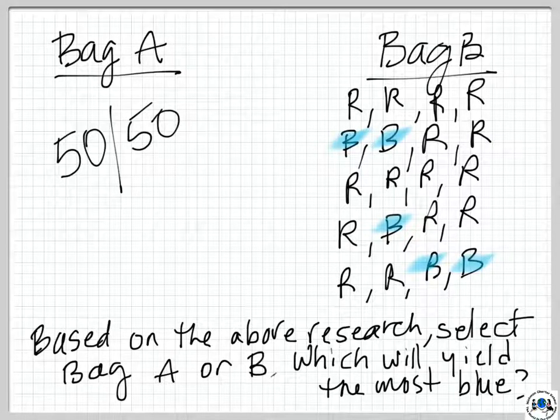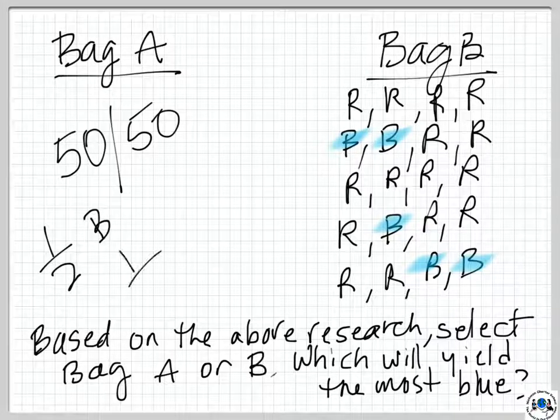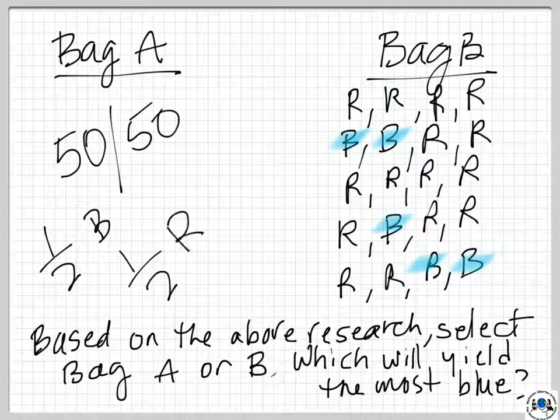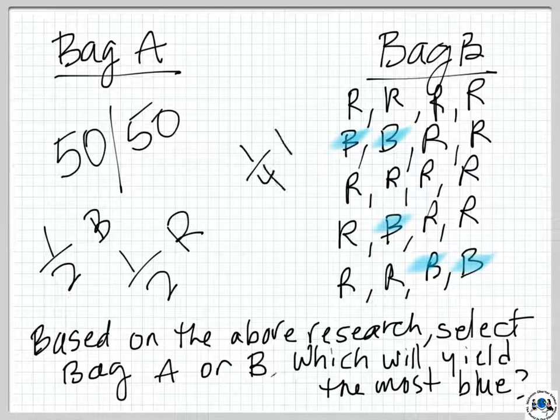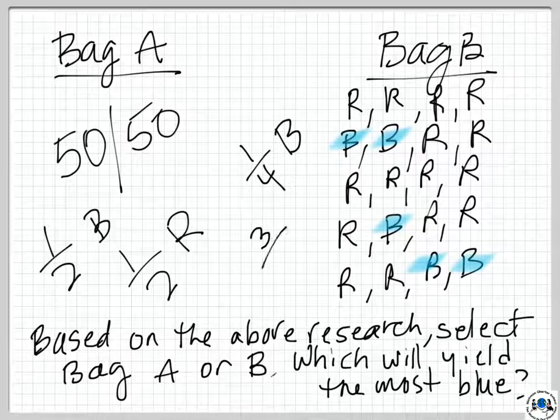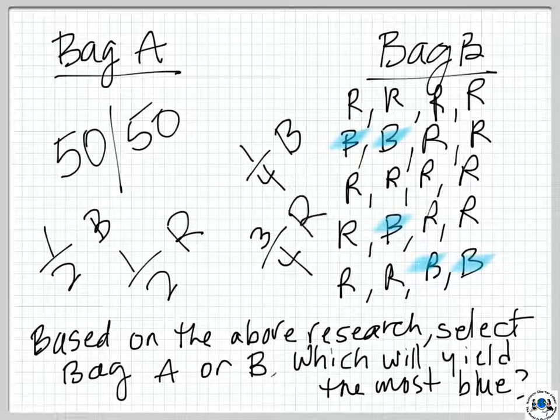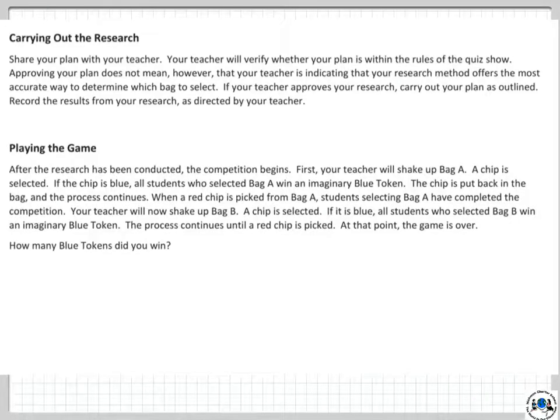You have a 1 out of 2 chance of getting a blue, 1 out of 2 chance of getting a red, and here you have 5 out of 20, or 1 out of 4, of a blue, but a 3/4 chance of getting a red. And red is what we don't want to get. So go ahead and make your selection, and then let's move forward.